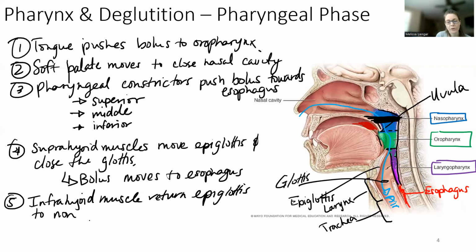So we're going to say infrahyoid muscles return the epiglottis to the non-swallowing position, which means the glottis is open, okay? So all of this should be a review from what we did in 2230. I'm just going into a little bit more detail. So what that means is now the bolus has moved into our esophagus, okay? So the next phase of deglutition is going to be the esophageal phase.